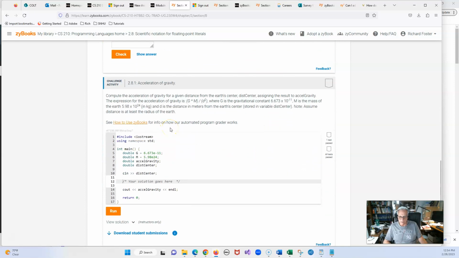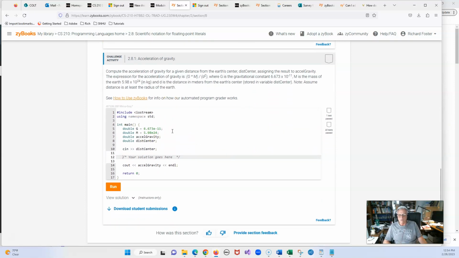Now, this one here is really a lot easier than it makes it out to be. Don't try to change anything here with G. Don't try to change anything here with M. Just use G and M. So basically what you're doing here is acceleration of gravity, which is this, equals, and then notice the parentheses here.